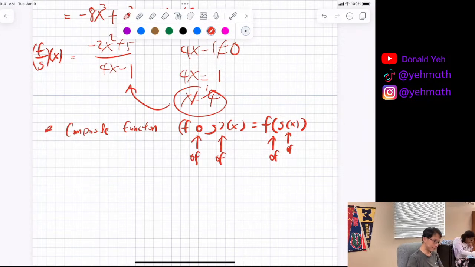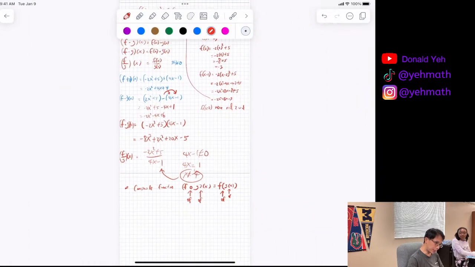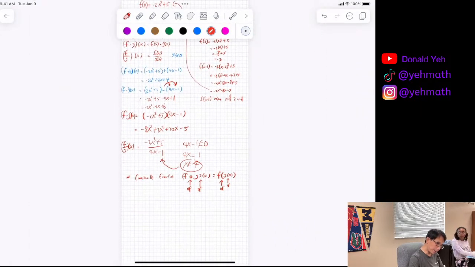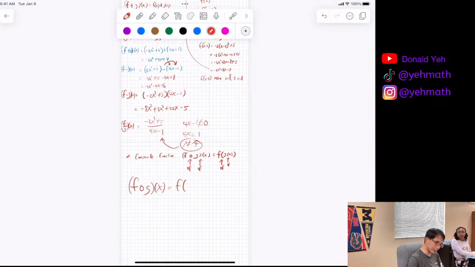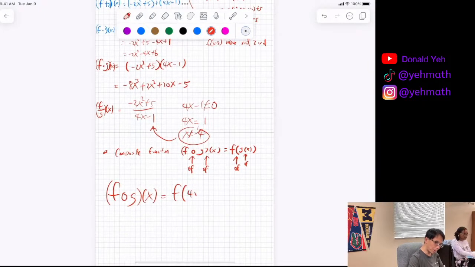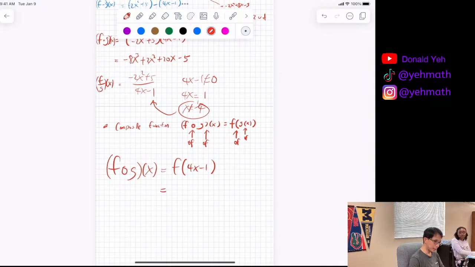So in this case, if I want to find f of g of x, then it's going to be f, and now I'm going to substitute g of x. G of x is going to be 4x minus 1. Does that make sense? Sorry, let me do it one step at a time.